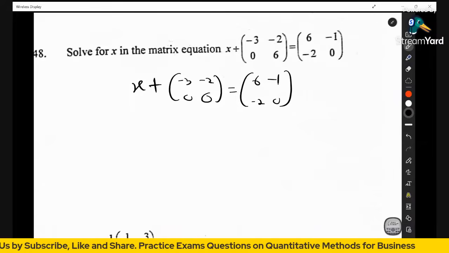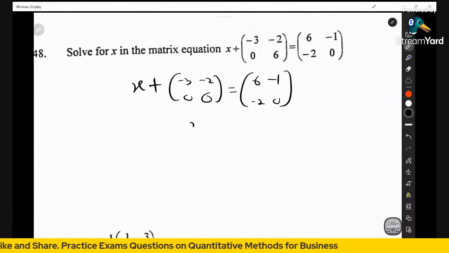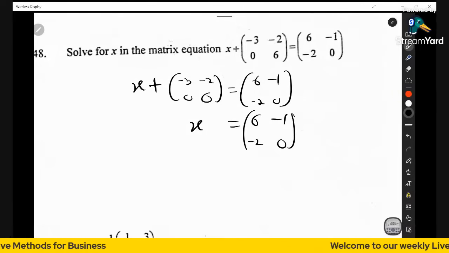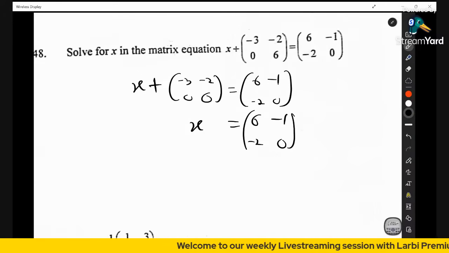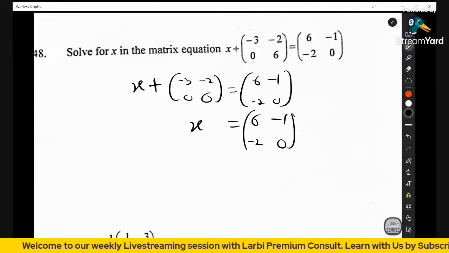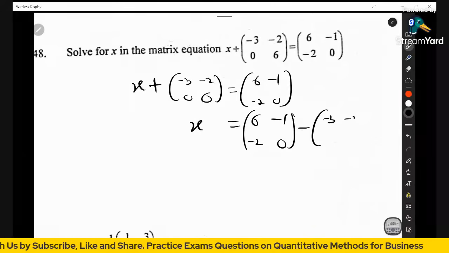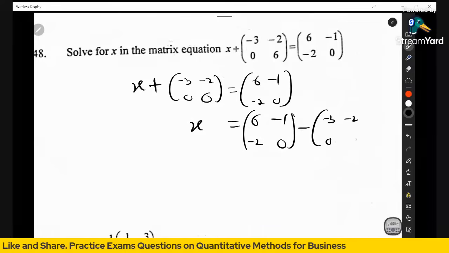So all I want to do is make x the subject. So we have x to be equal to 6, negative 1, negative 2, 0. And then, so here it is positive, it becomes negative here. So minus negative 3, negative 2, 0, 6.